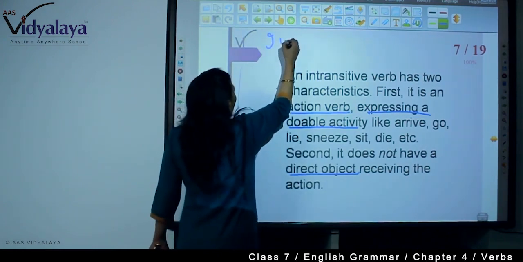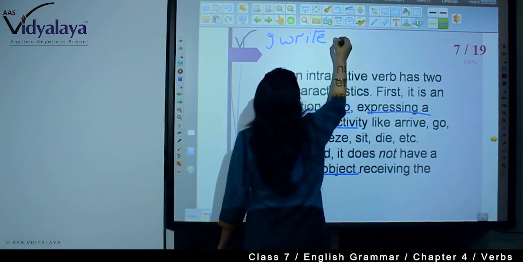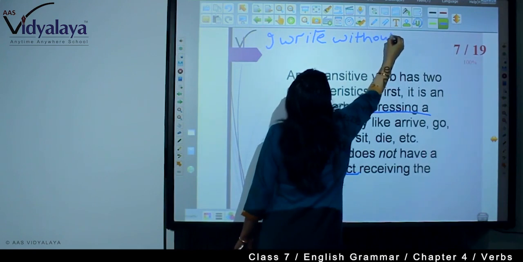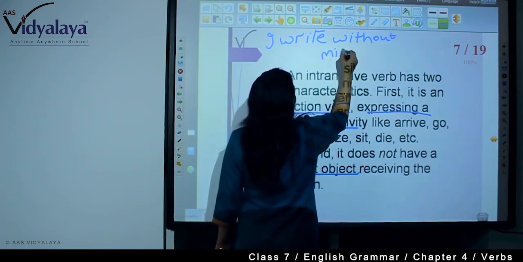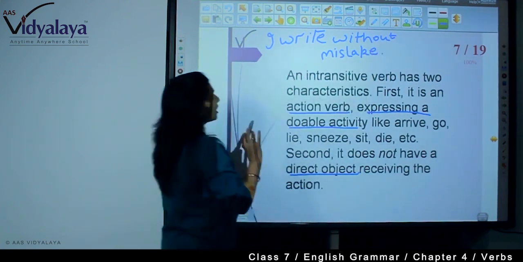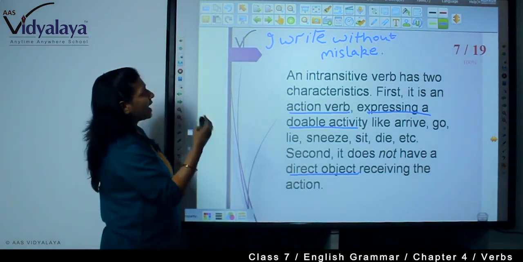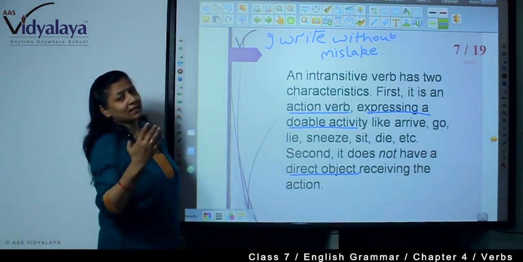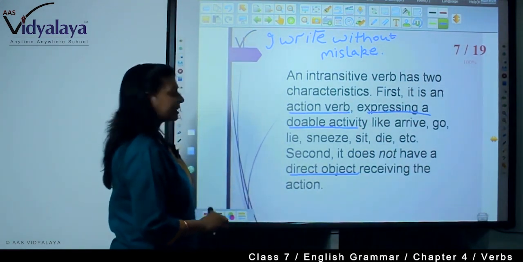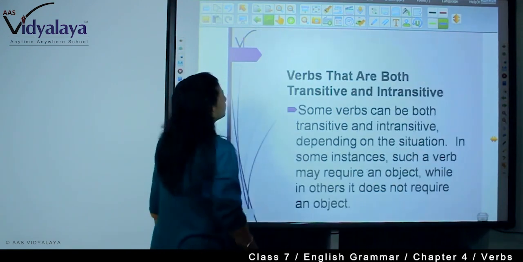Now I write without mistake. Are you finding any object here? No. That means in "I write without mistake," this is an intransitive verb: a doable activity, write, and there is no direct object receiving the action.